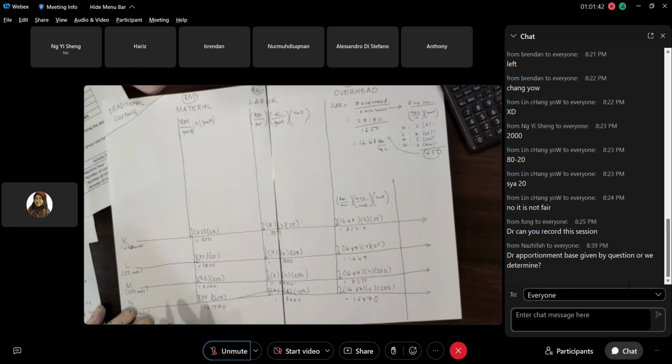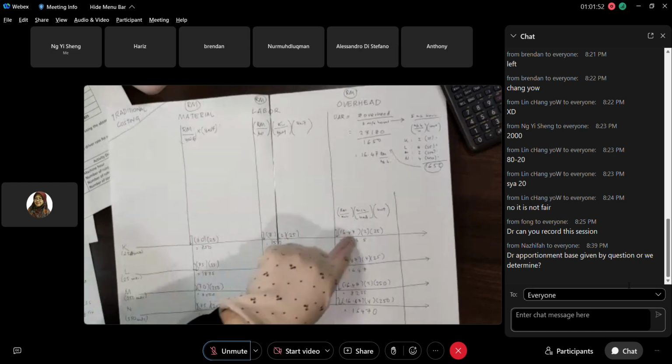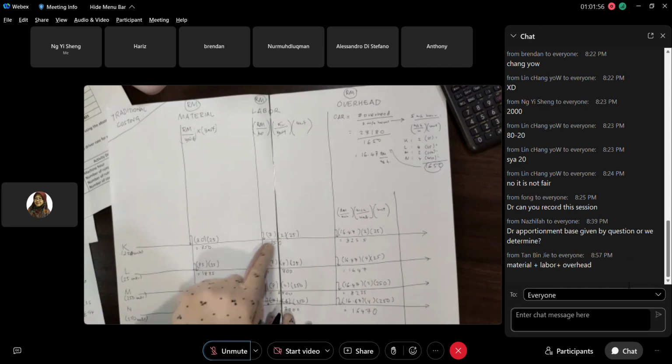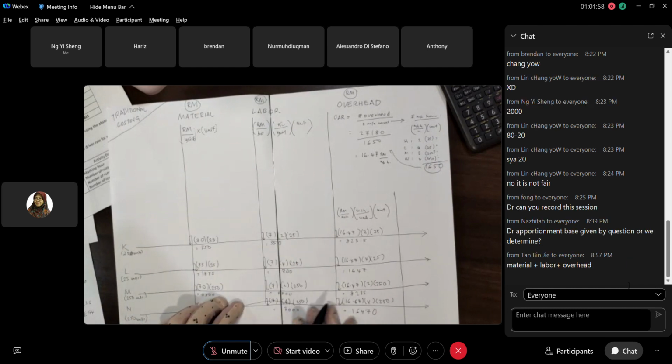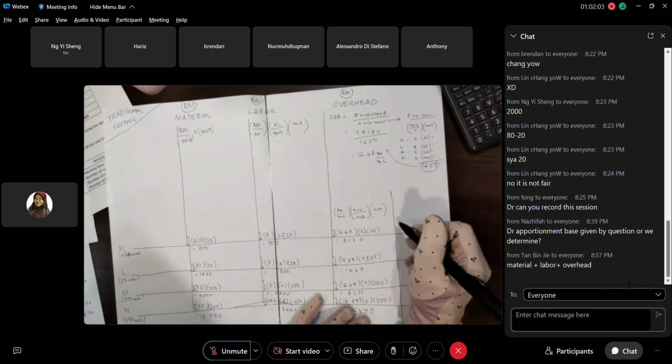We want to know the cost that must be absorbed by product K. And this is the prime cost, this is the overhead cost. So you have to total up the number. It is RM already.